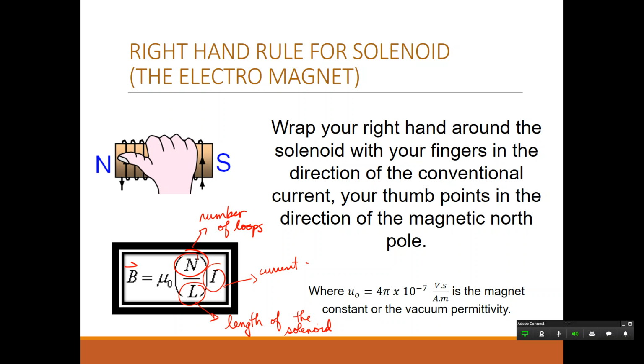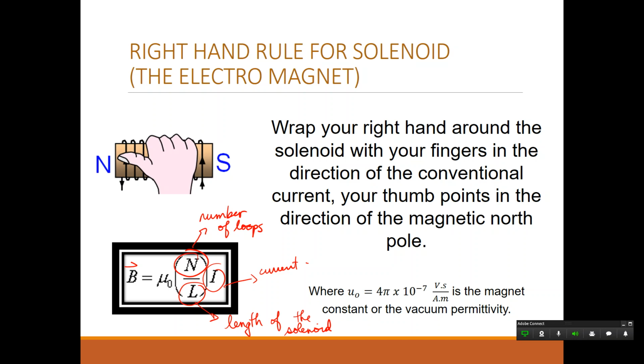Why is length in the denominator? I thought we said that the longer the wire is, the stronger the magnetic field is. Exactly. What's really important is not L on its own, it's N divided by L. If we look at these two together, N divided by L, what can you call that?